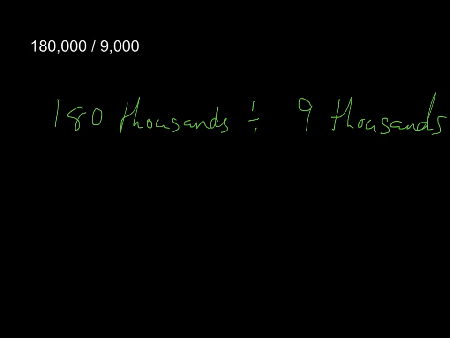My thousands cancel out. I know that 9 goes into 18 2 times, so it must go into 180 20 times. If it helps you to do the circles, do the circles. If this is easier for you, do it this way. There are multiple ways to get to the same solution. This is just to show you a few of them.